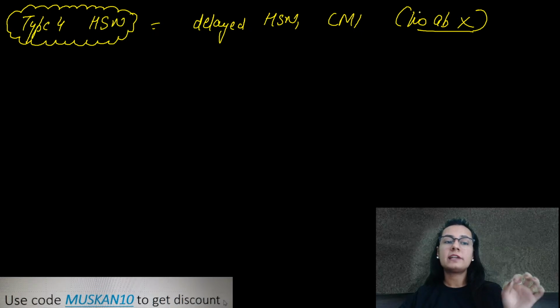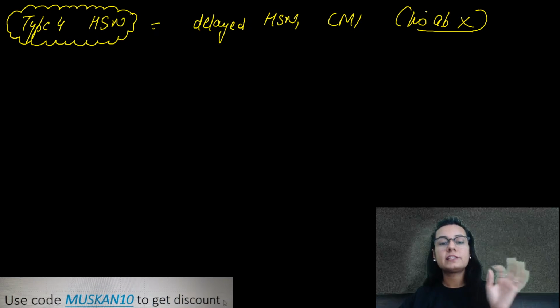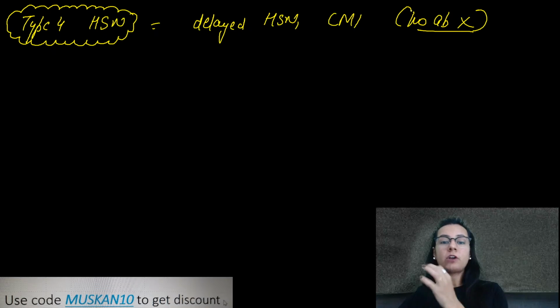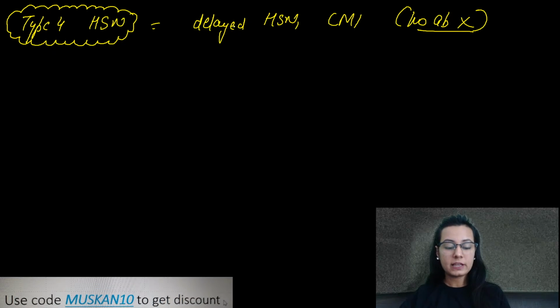In type 1 it was IgE, in type 2 it was IgM and mainly IgG causing it, in type 3 the antigen-antibody complex was causing it, and type 4 is delayed and cell mediated, so no antibody takes part in type 4 hypersensitivity.